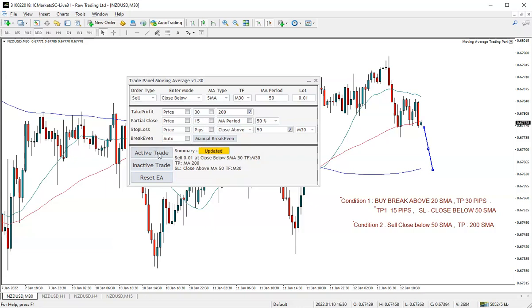Active trade. Now you see the EA is showing that the settings have been updated. These are the settings: sell 0.01 at close below 50 SMA in the 30-minute time frame, and TP is the 200 MA.